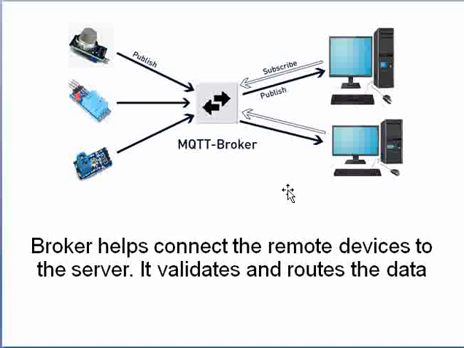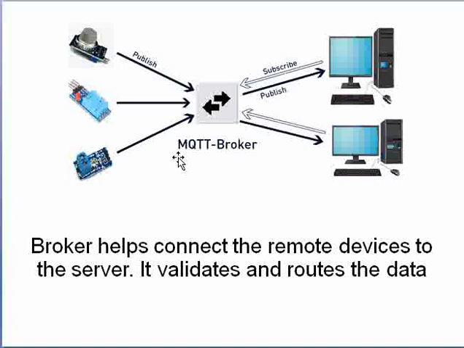Now we were saying there is an MQTT broker in between. So the MQTT broker basically is someone who helps connect these remote devices to the servers, or the end devices. So it's machine to machine communication, as we were saying.